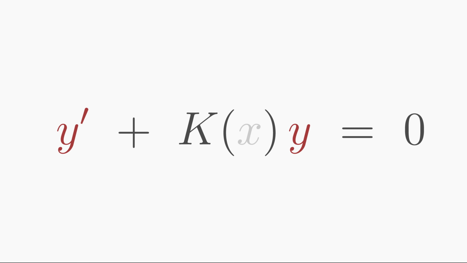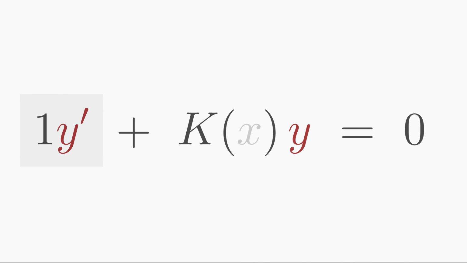This type of differential equations has the form y prime plus k times y is equal to 0. The coefficient k must not necessarily be constant, but can also depend on x. Also note that before the first derivative y prime, the coefficient must be equal to 1.